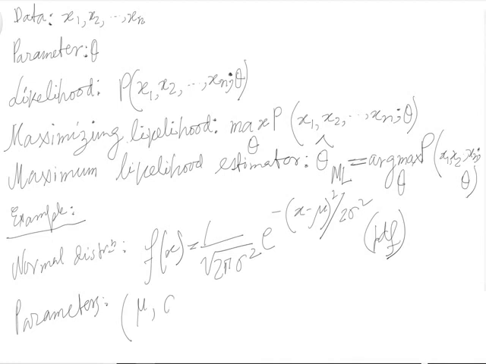And this represents the probability density function of the normal distribution. Now here, what are the parameters of the normal distribution? There are two parameters. One is mu, another is sigma square. The first one is the mean and the second one is the variance of the normal distribution.